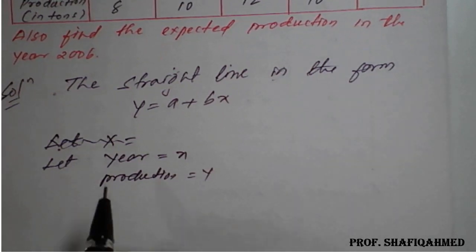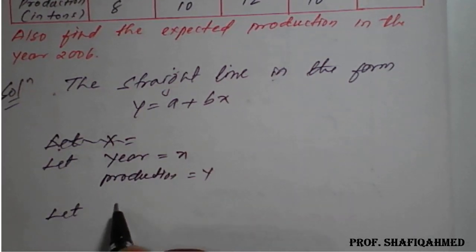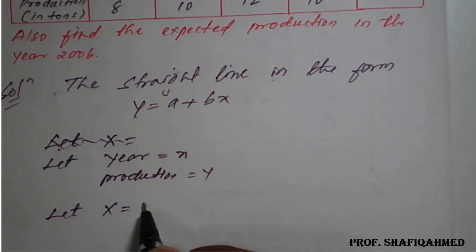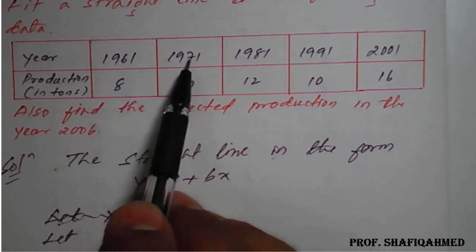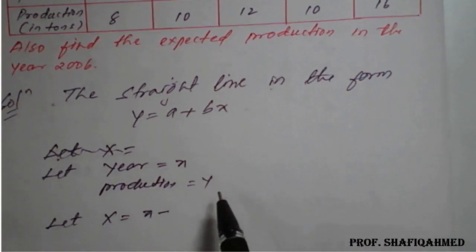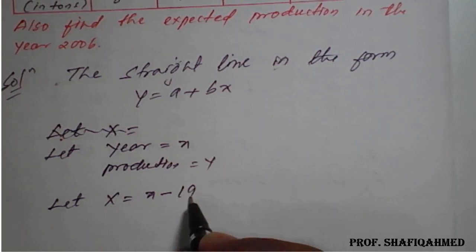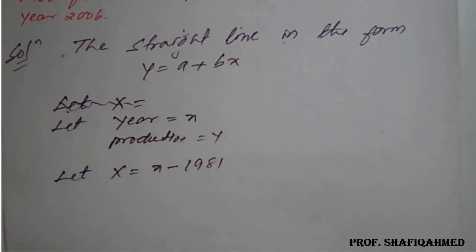But here x is very large, so let capital X be equal to small x minus the middle value. Here 1, 2, 3, 4, 5, so the middle value is 1981. So capital X is small x minus 1981. We'll subtract it and prepare a table for this.